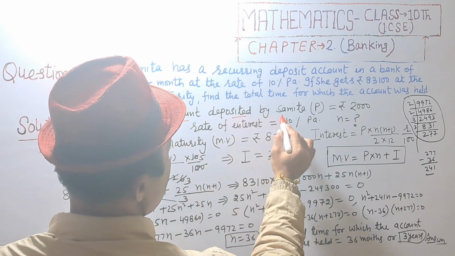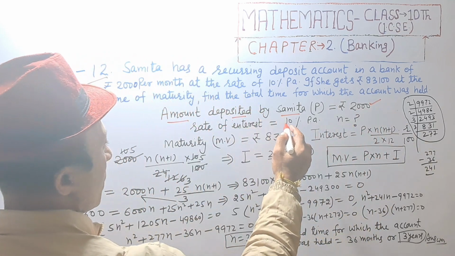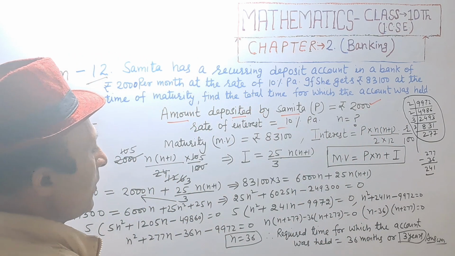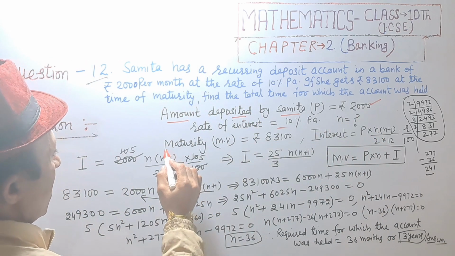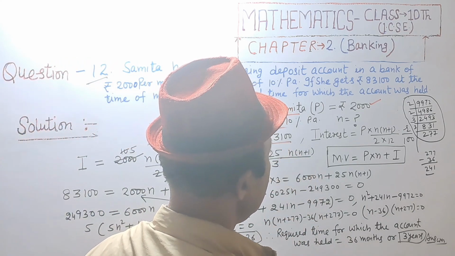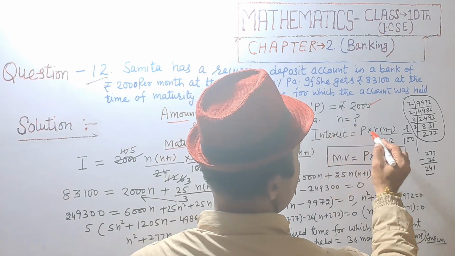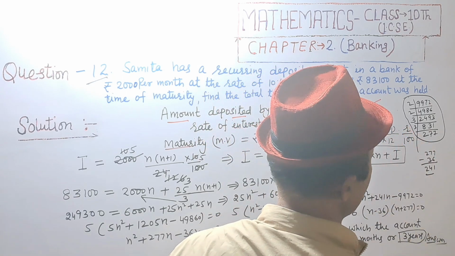Amount deposited by Samita, P is equal to 2000 rupees and rate of interest is 10% per annum. We want to find the value of N, and maturity is equal to 83,100. Interest is equal to P into N into (N plus 1) upon 2 into 12 multiplied by R upon 100.